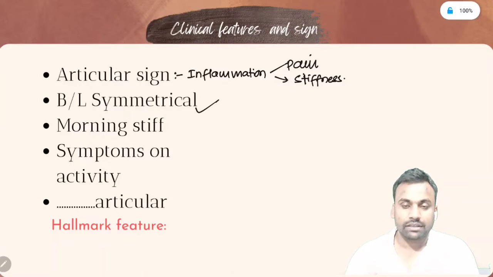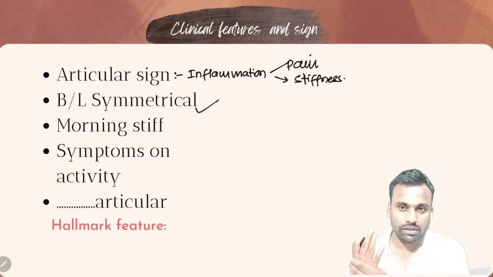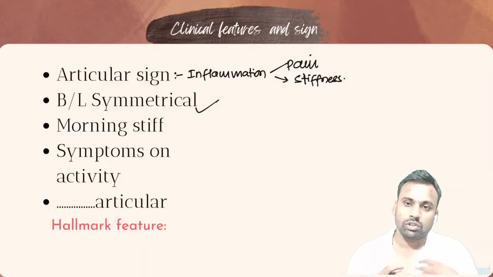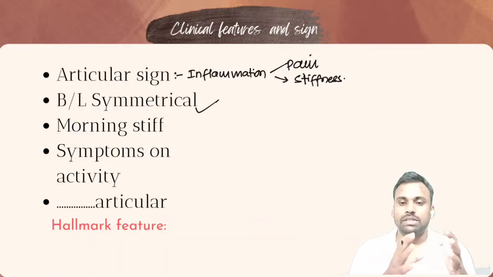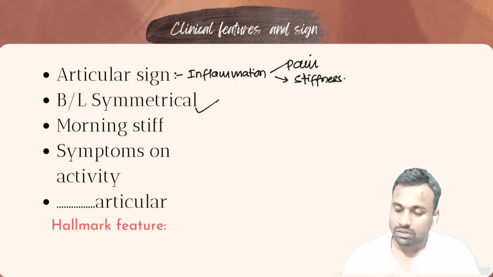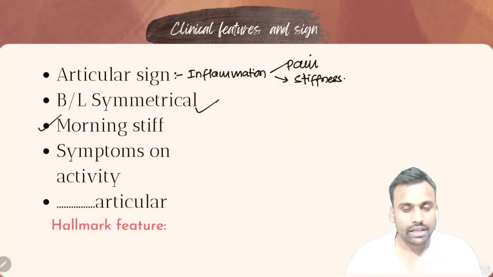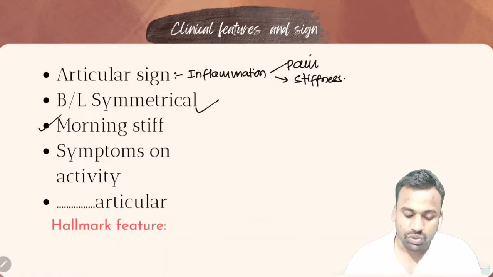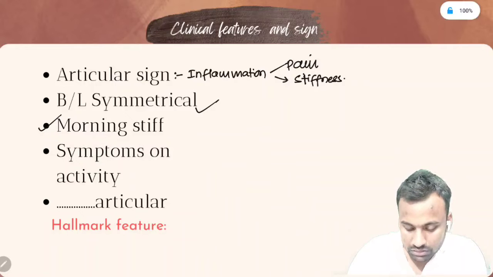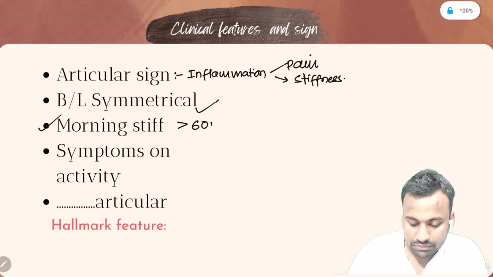It means if the right hand joints are involved, some small joints of the left hand are also involved, so it is symmetrical involvement. And there is morning stiffness, which is mainly more than 60 minutes.